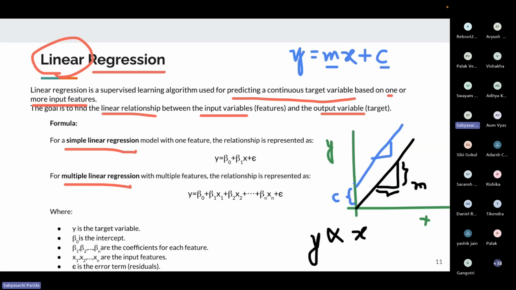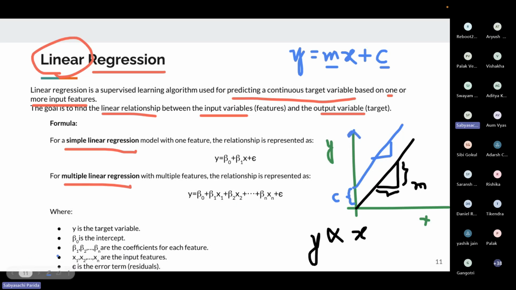When x is 0, y is not equal to 0; y is equal to c. So this can be represented by y equal to mx plus c. The same thing is what we try to do in linear regression: we are trying to establish that as x increases, y is also increasing. We are saying there is a direct relationship between x and y.